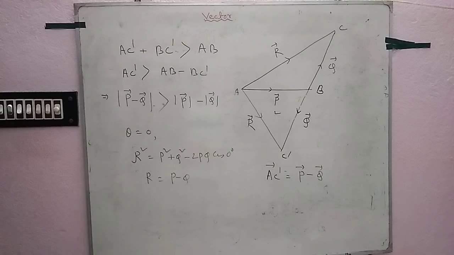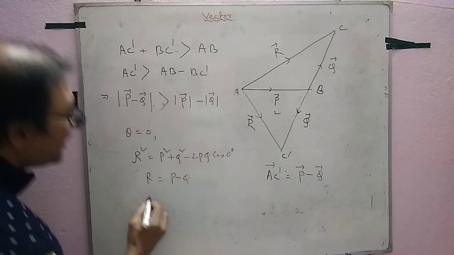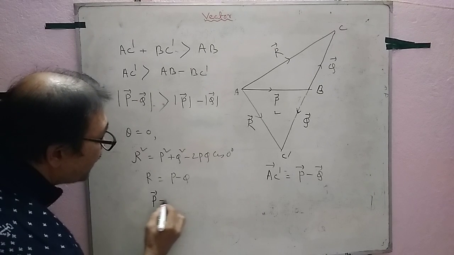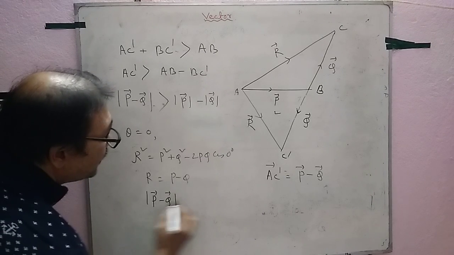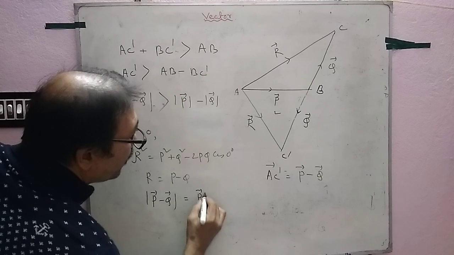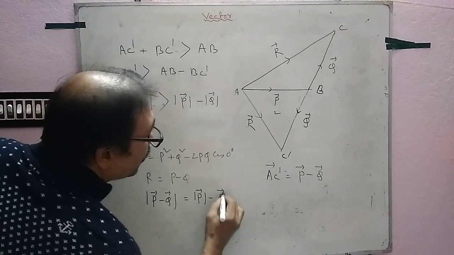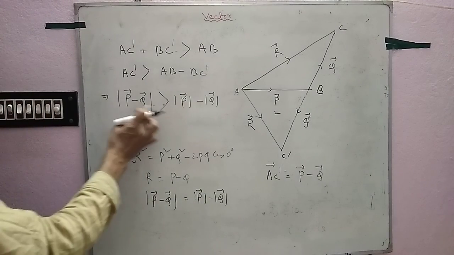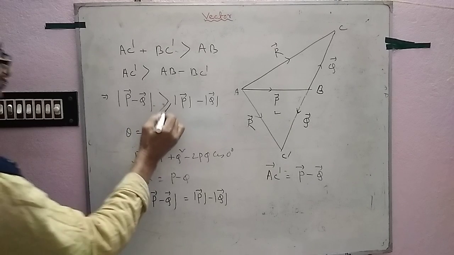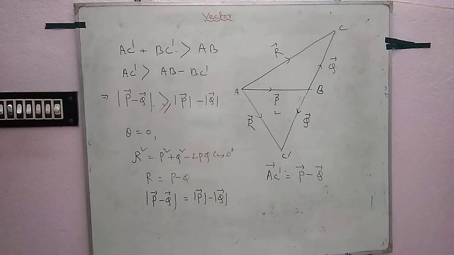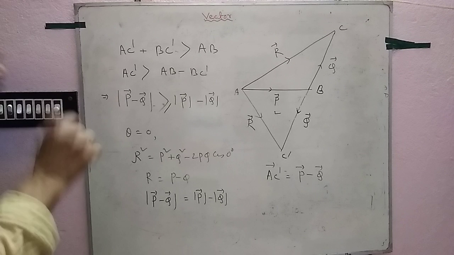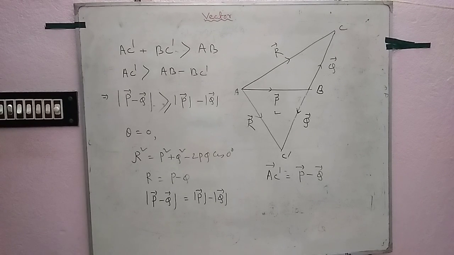R equal to P minus Q. So R means AC dash, that is P vector minus Q vector equal to mod of P minus mod of Q. So from these two equations we get this 4 equation, you have to remember. Keep these in mind. These can come in MCQ questions or for proofs.